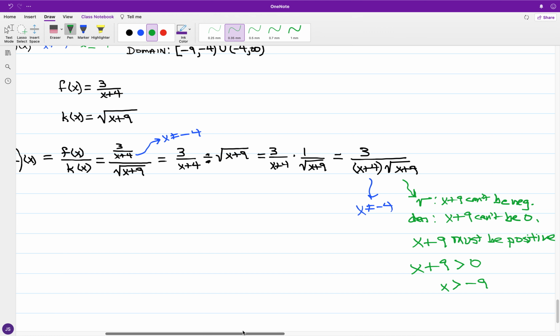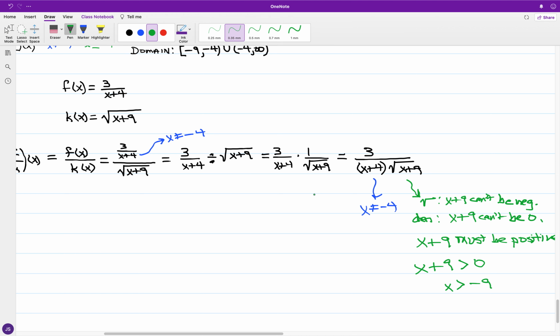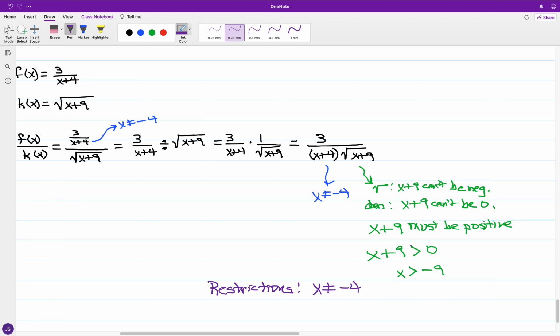So in the overall picture, with the restrictions, to keep f of x defined, x could not be negative 4. And to keep the function defined where k is concerned, you have the square root of x plus 9 as an even root radical term and also as the denominator. So again, x must be greater than negative 9.